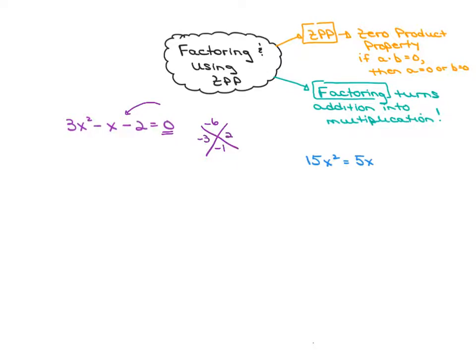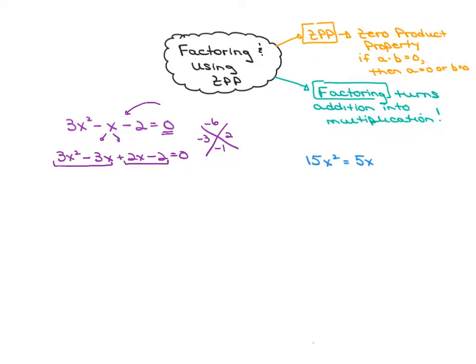And I can use those two numbers to split my middle term. And it doesn't matter which order. I'll go 3x squared minus 3x plus 2x minus 2 is equal to 0. Now I have a quadratic that has 4 terms, so I can factor by grouping.